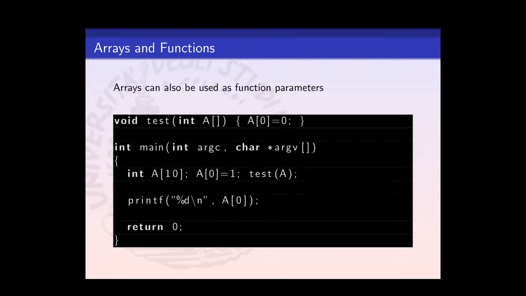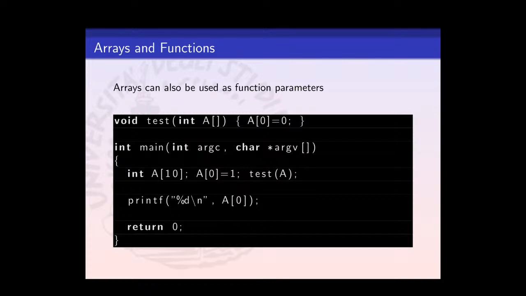Now the function test has been declared at the beginning of our code block, let's say, and as you can see, we have a strange, let's say, formal parameter definition. Why?